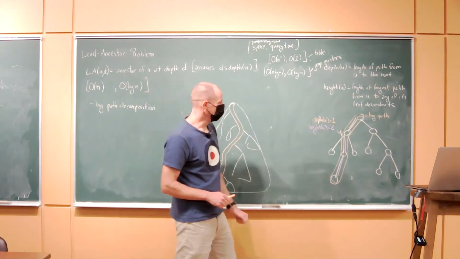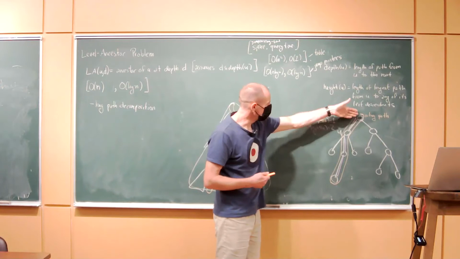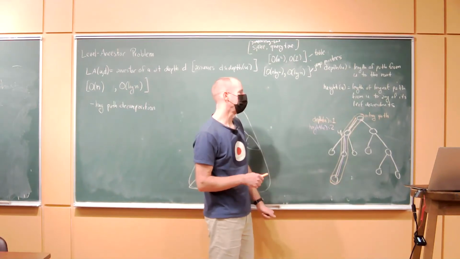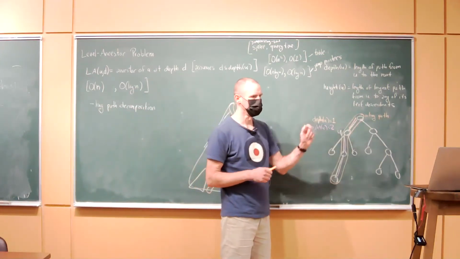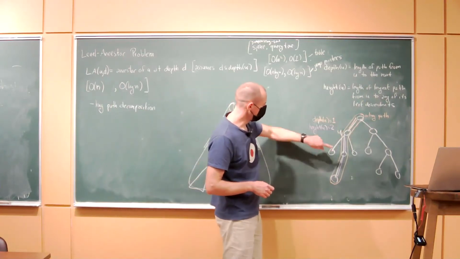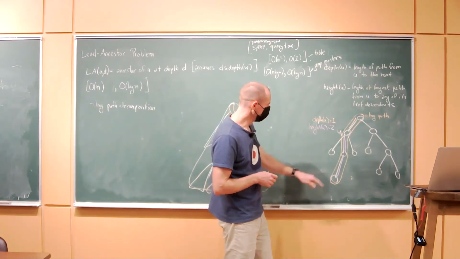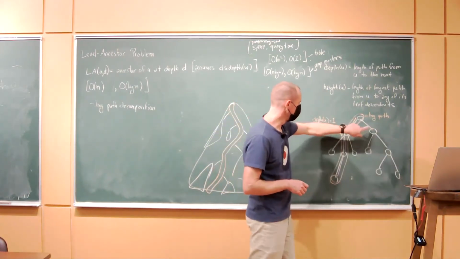And I do a long path decomposition. So my long path decomposition consists of this path plus whatever paths I get when I decompose the subtrees. So the subtrees in this particular example is this node, which is all by itself, and whatever I get when I decompose this tree.